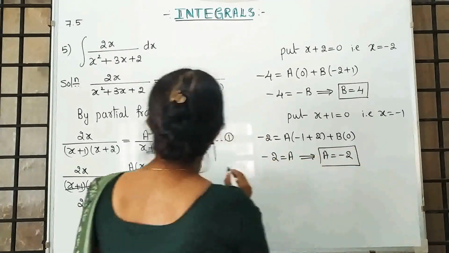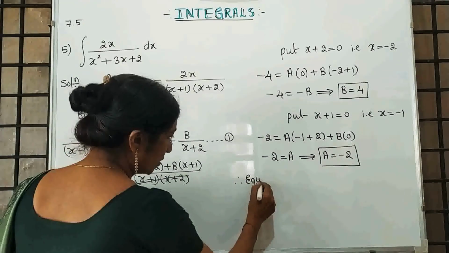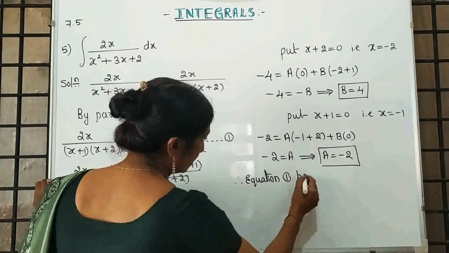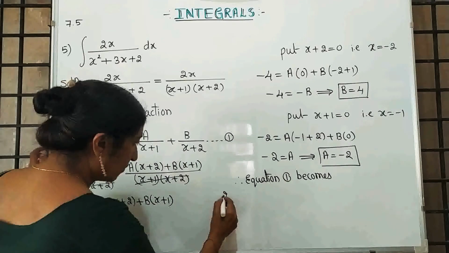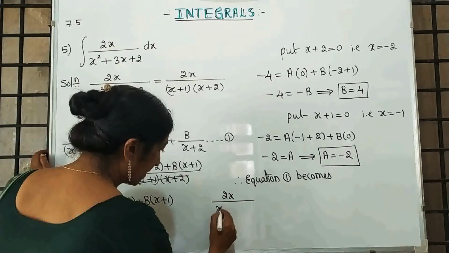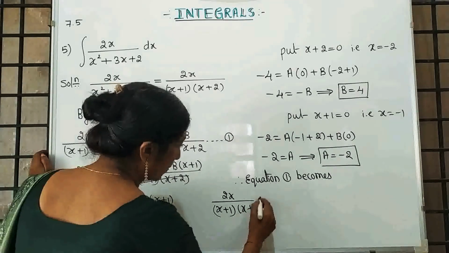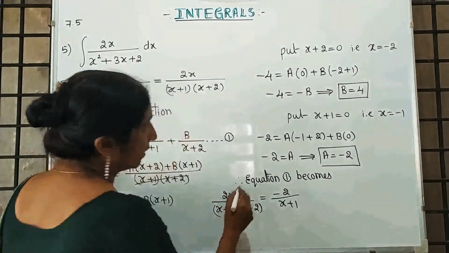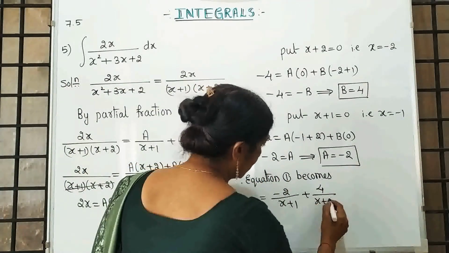Now write down these values in equation 1. Therefore, equation 1 becomes 2x upon x plus 1 into x plus 2 is equal to minus 2 upon x plus 1 and b is 4 upon x plus 2.